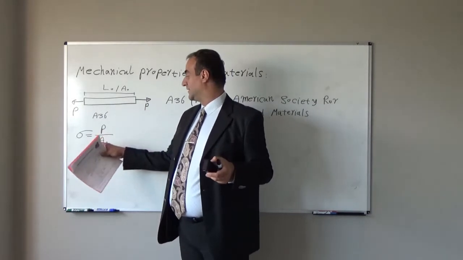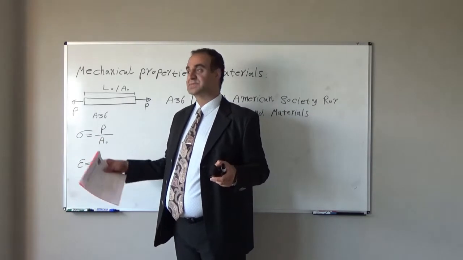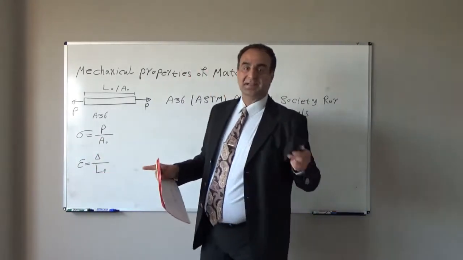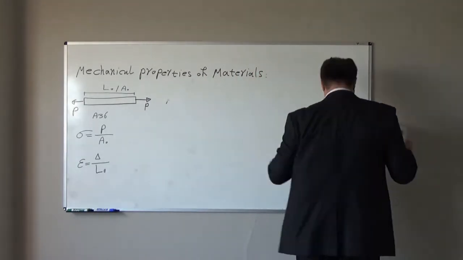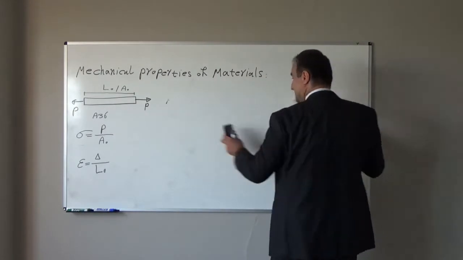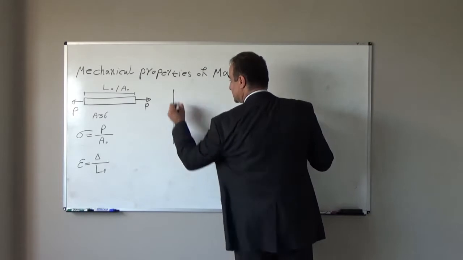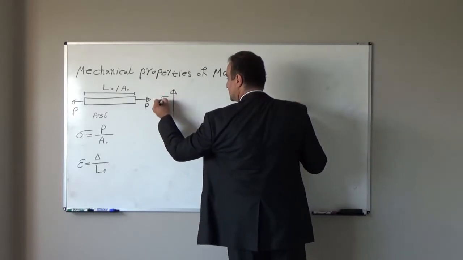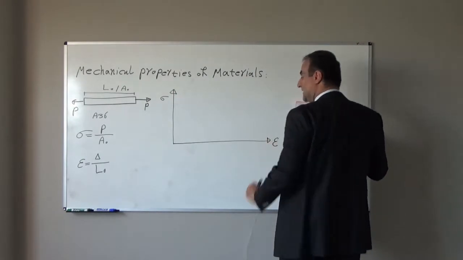So I can define sigma 1, sigma 2, sigma 3, epsilon 1, epsilon 2, epsilon 3 and so on. And I will show those points in one graph, one curve. We call it stress-strain curve. In stress-strain curve, the vertical axis will be stress, the horizontal one will be strain, epsilon.